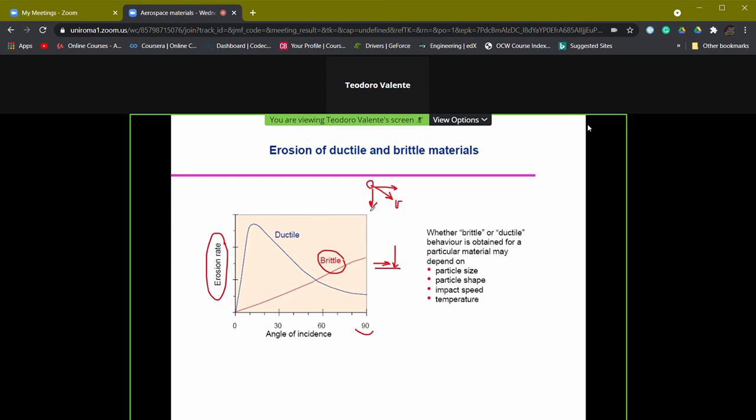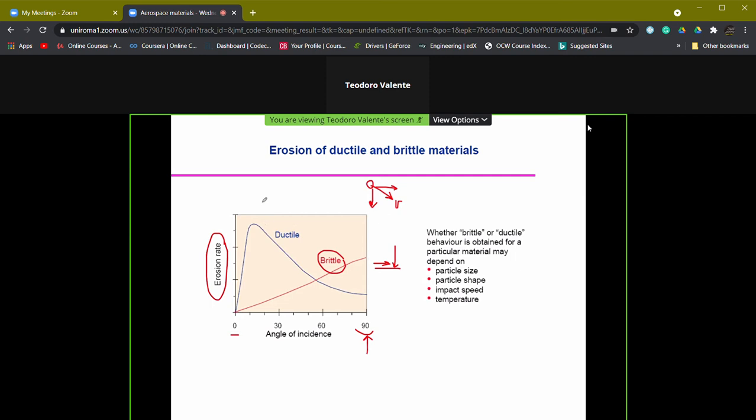So the kinetic energy is very important, and in particular the kinetic energy referred to the normal component of the velocity of the single particles. Thus, if we move from 0 to 90 degrees, the normal part of the kinetic energy is the maximum, and this explains why we can expect an increasing erosion rate.